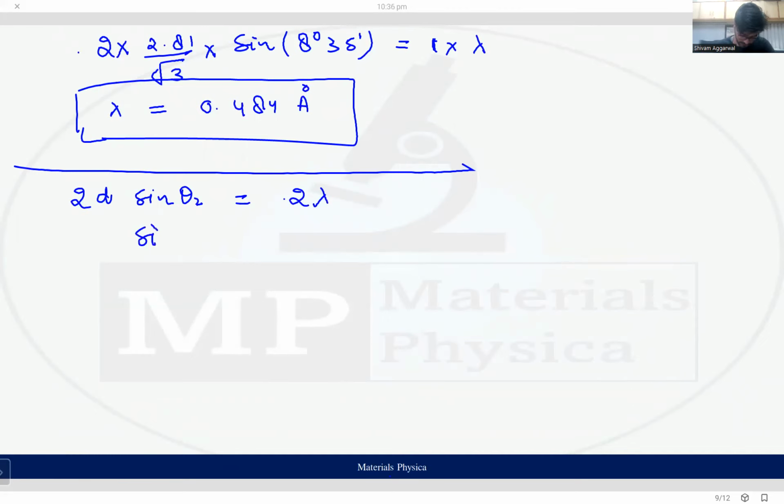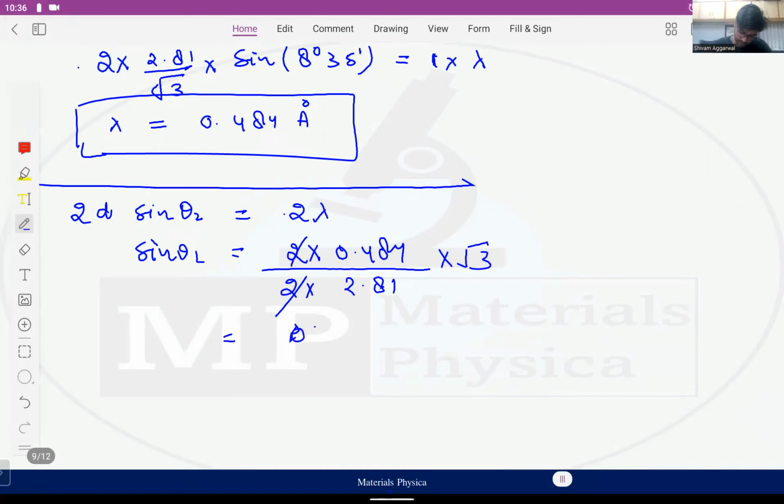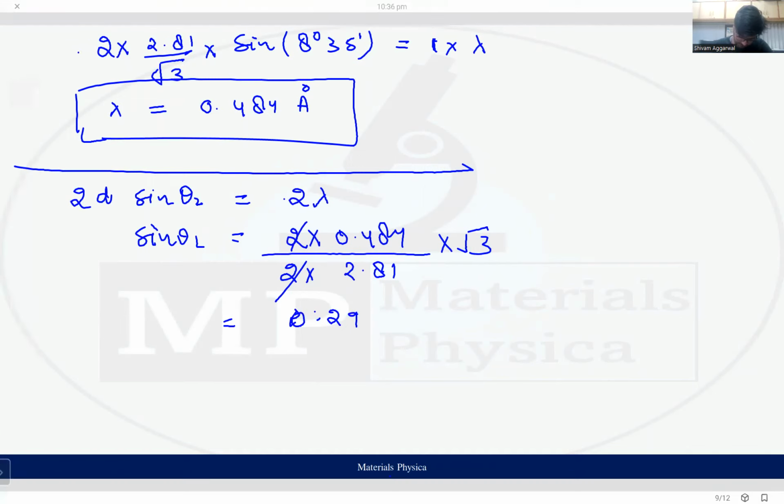So sin theta 2, the value of lambda is 0.484, and n is 2, and d is 2.81 over root 3 to cancel, and when we solve it, we'll get 0.2983.